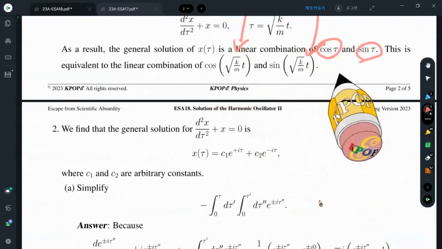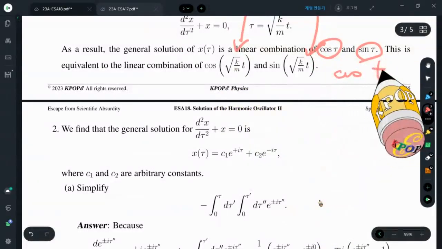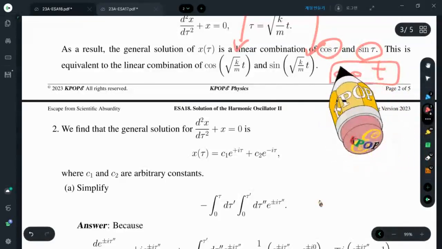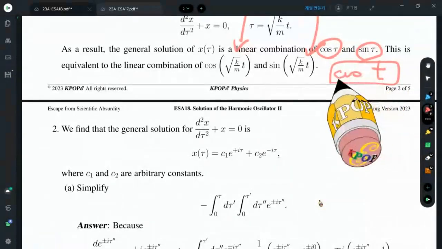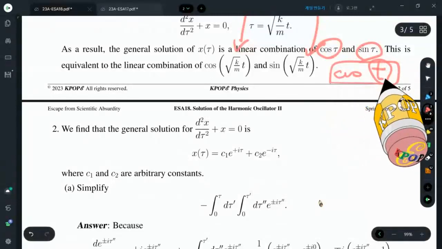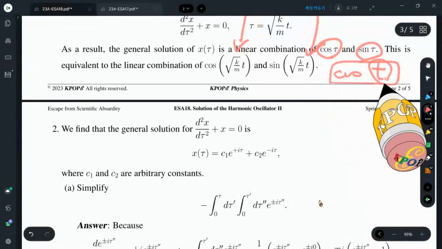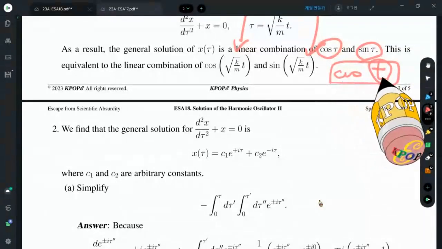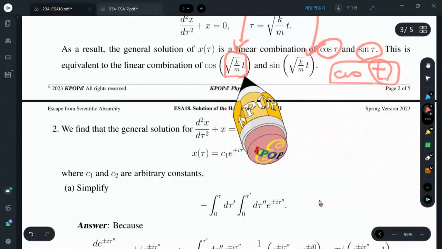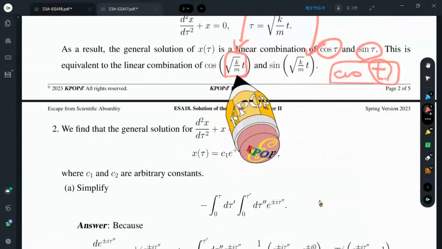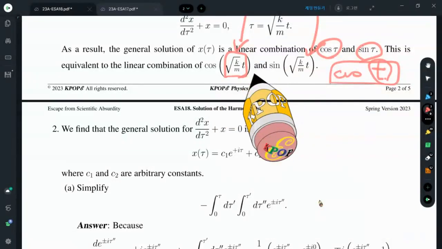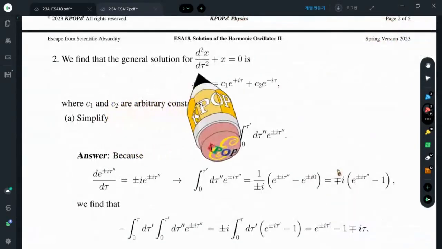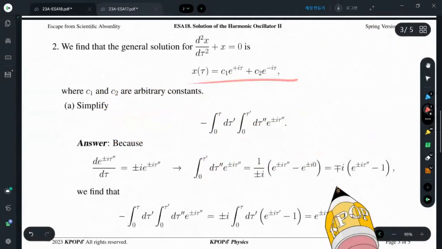As you know, you cannot substitute t directly into the cosine because cosine has terms of various powers, and time has a certain physical dimension, so it is impossible to substitute directly into cosine. However, this is a dimensionless quantity, so you can substitute it without problem. We find that the general solution is this.